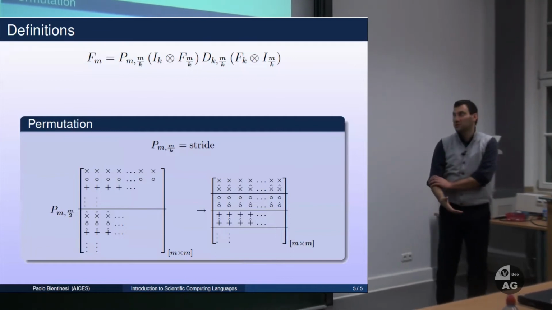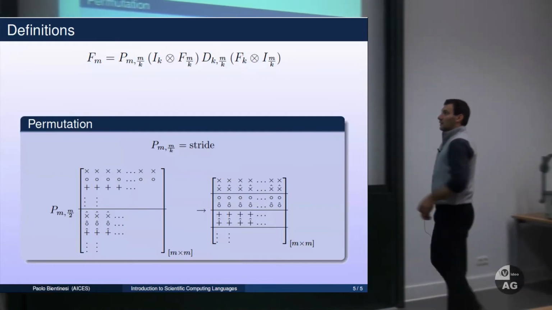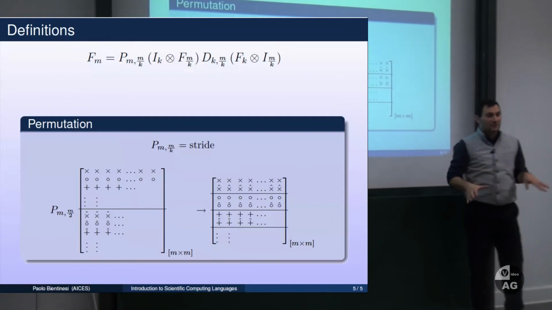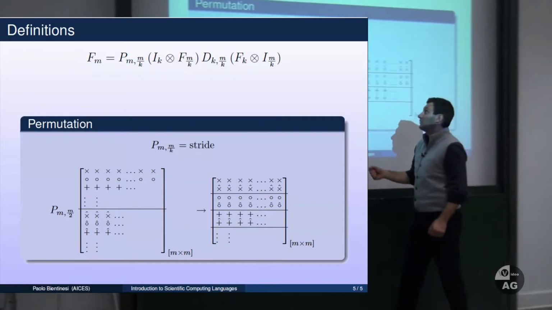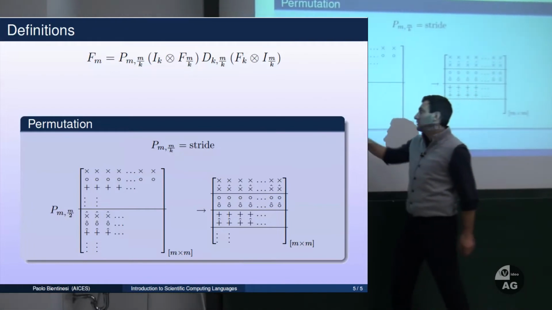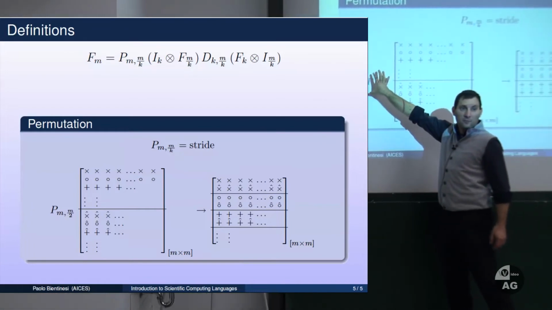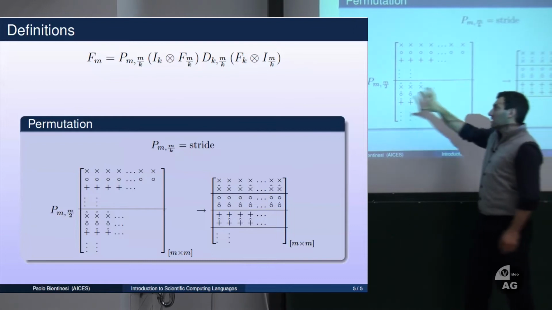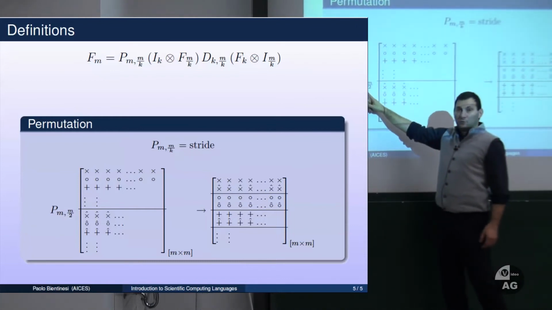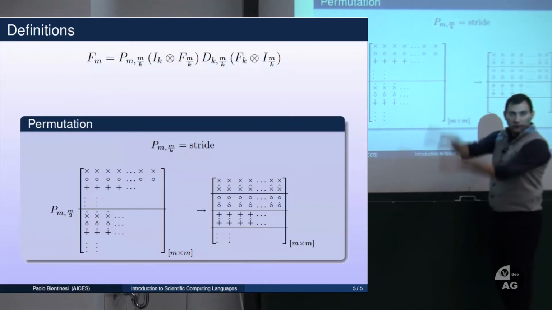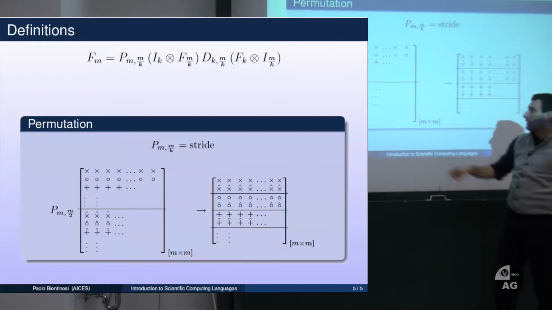Yes, it's a permutation. A permutation means that it doesn't alter the contents, it simply moves things around. I can also tell you, if you're not a linear algebra expert, when you multiply from left to the right, it means that you operate on the rows of a matrix. Permutation from left to the right means that you're only shuffling the rows.